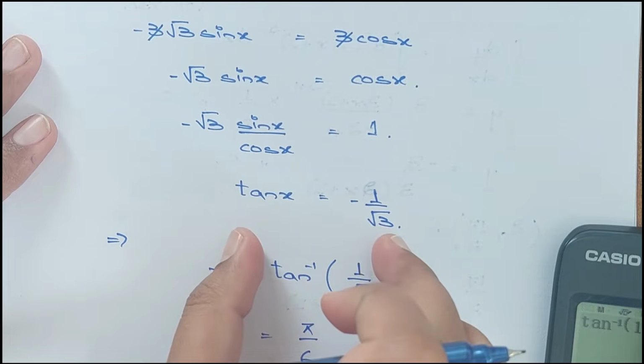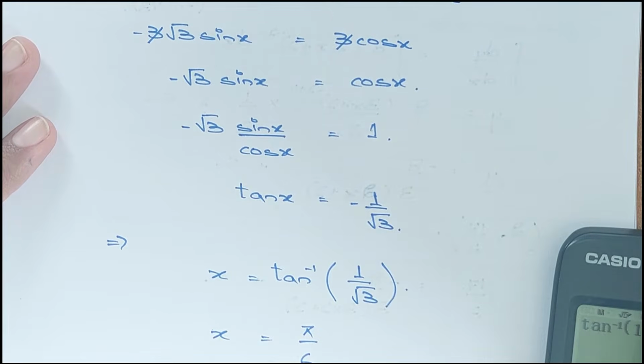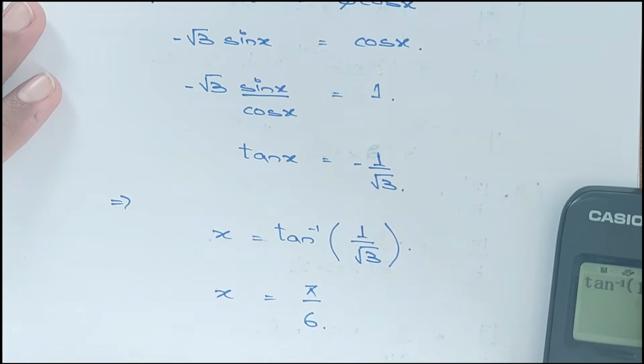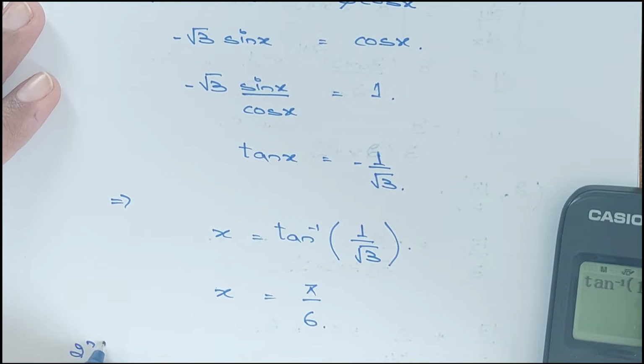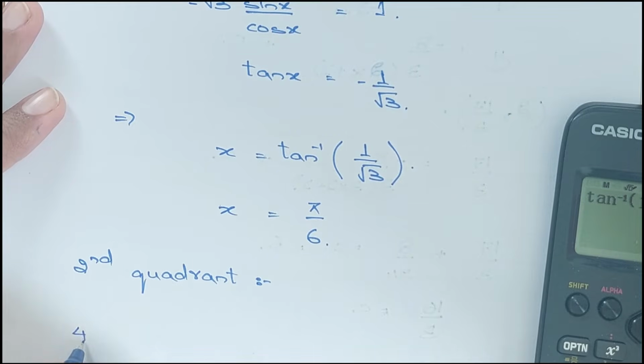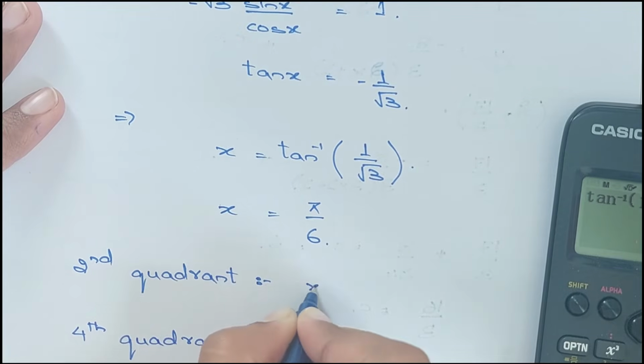Now here this equation says the tangent is negative. So the tangent is negative in the second and fourth quadrants, right? So for the second quadrant, and the fourth quadrant, the tangent is negative. Let's find the value of x.